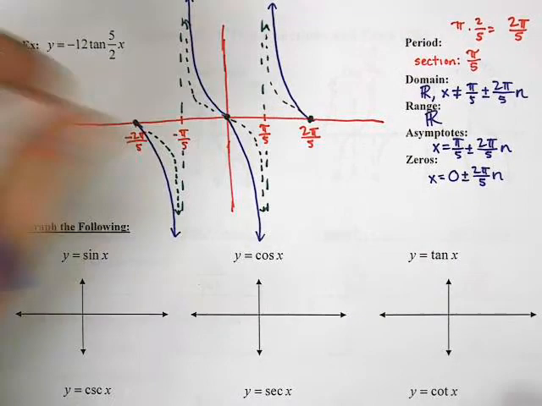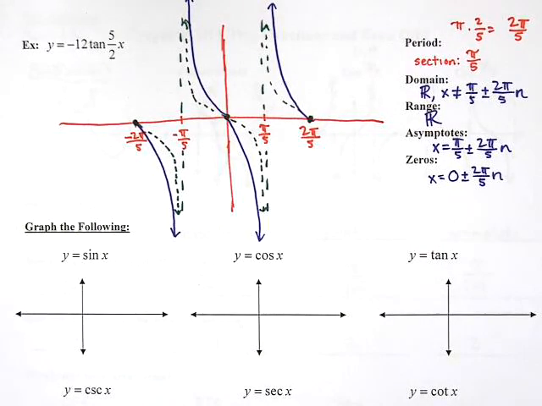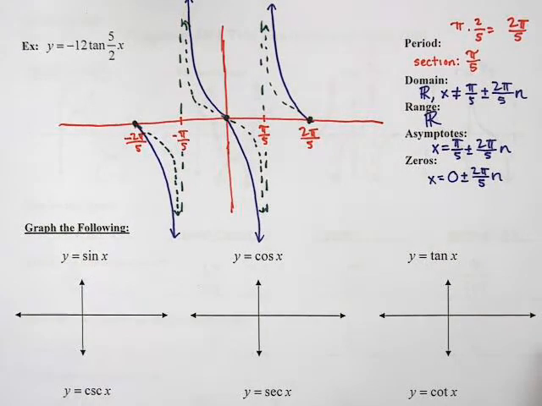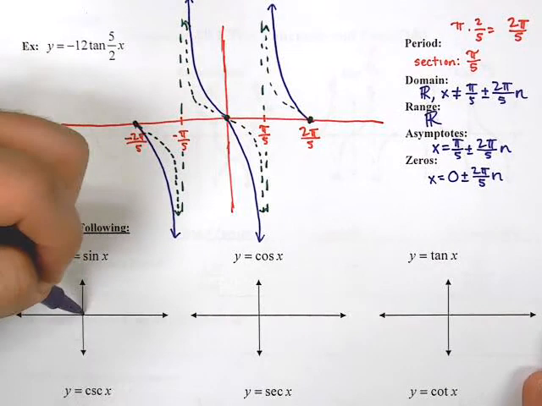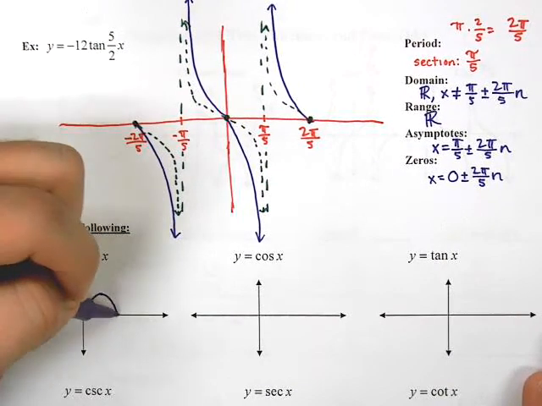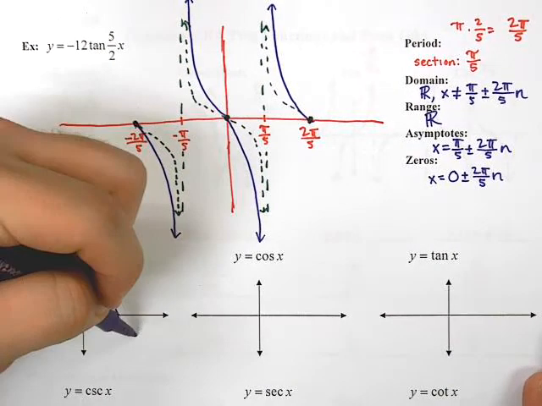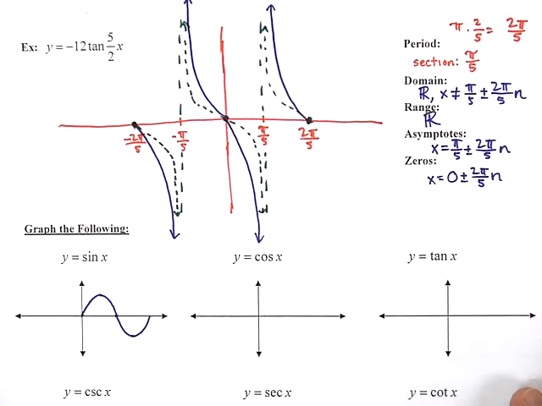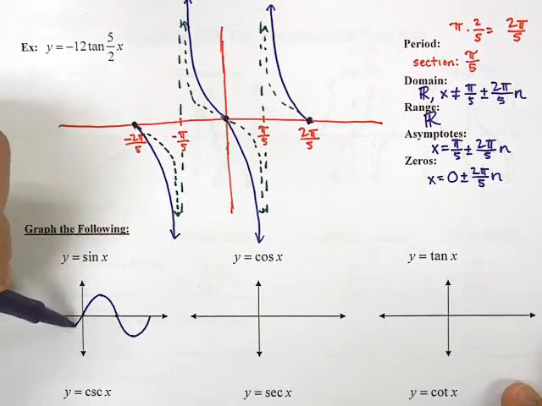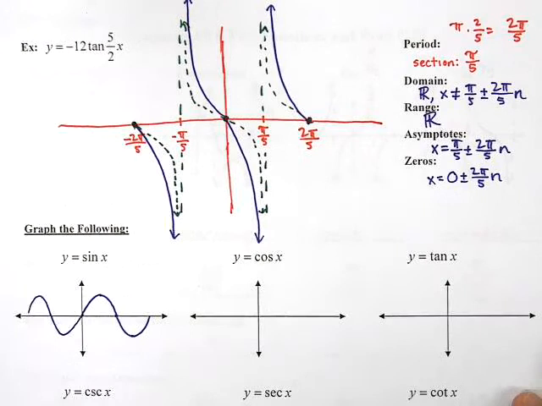Alright, okay, so for a quick recap, graph the following: y equals sine x. We know that we start in the middle, we go up, back to middle, down, back to the middle. And we know that we like two periods, so we repeat it on the other side. Okay?